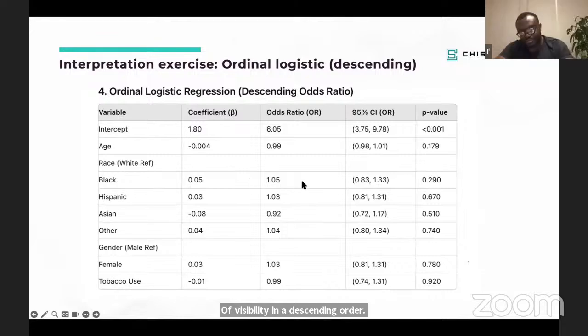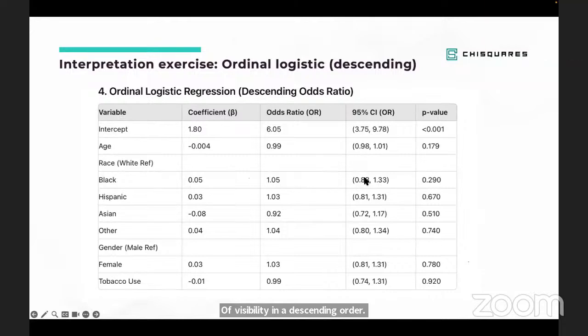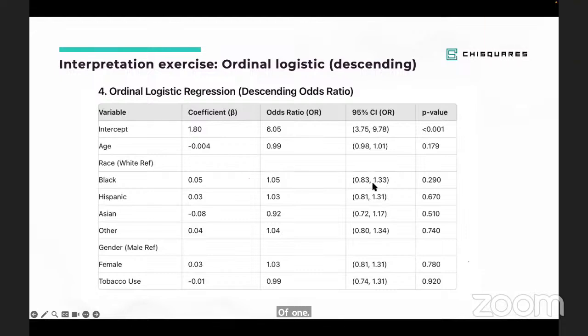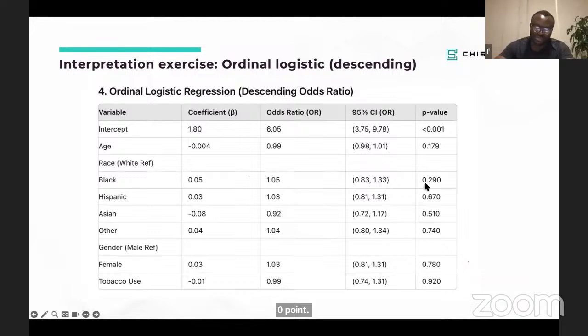But it contains a confidence interval of 1, which is not significant because the p-value is greater than 0.05.